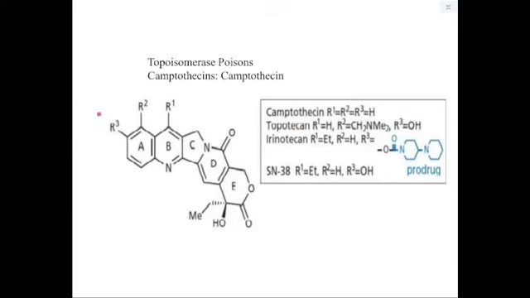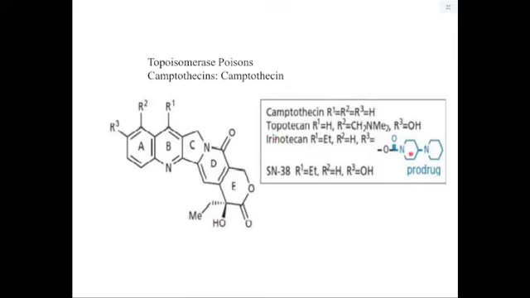Then you can have topotecan, where R1 is hydrogen, R2 is a dimethylaminomethyl group, and R3 is a hydroxyl group. That is topotecan. Then you can also have irinotecan.